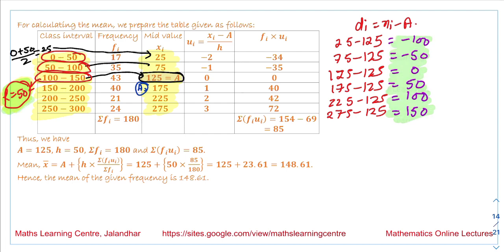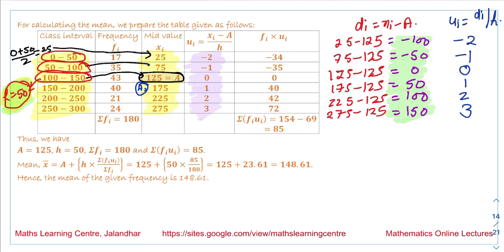So the next step is calculating ui, that is equal to di over h. We divide by 50, and the answers we obtain are minus 2, minus 1, 0, 1, 2 and 3. These are the values of ui that we obtain.